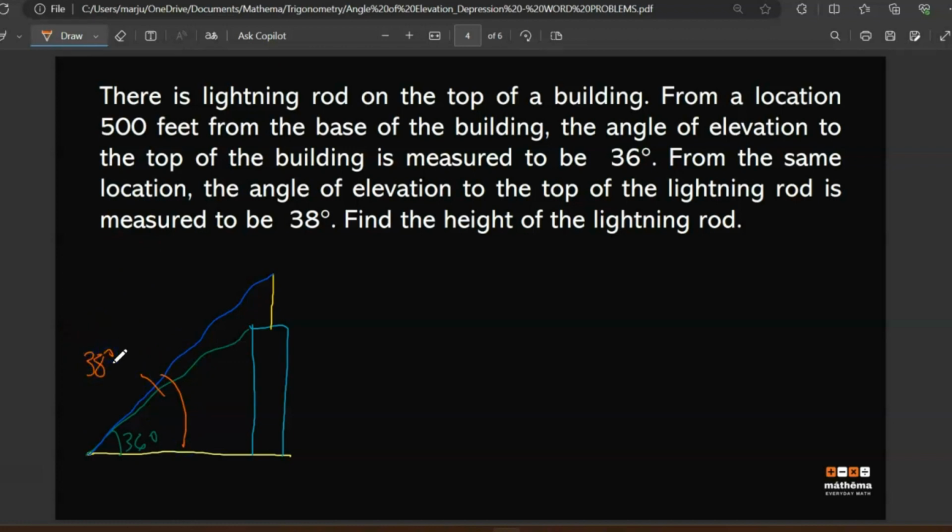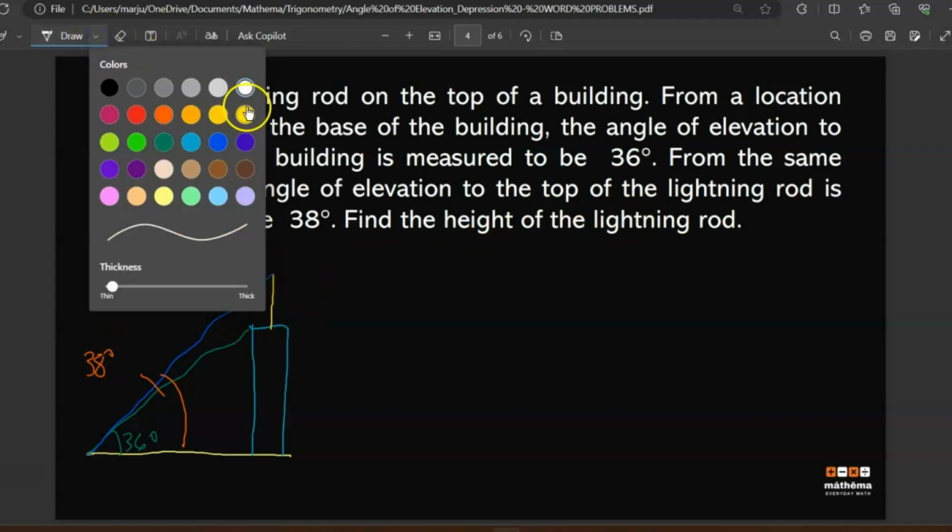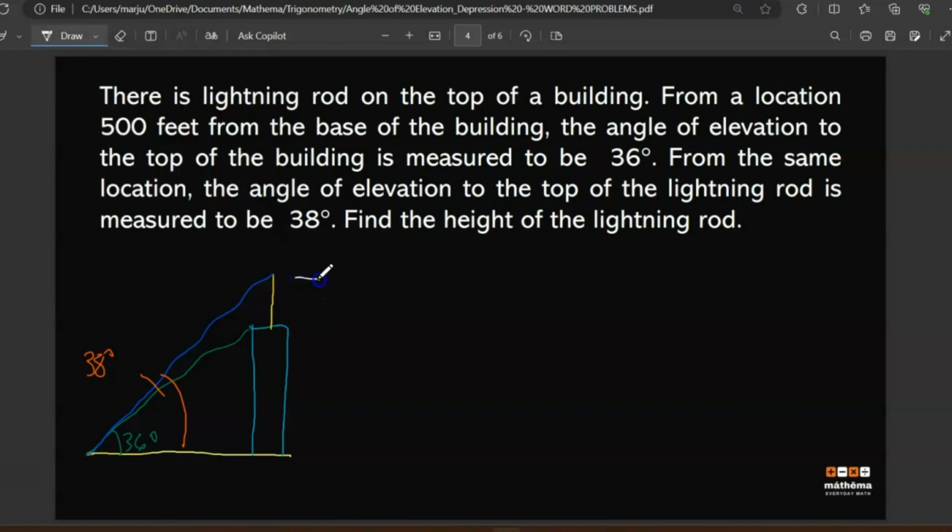Now, to find the height of the lightning rod, all we have to do is find this height, the ground up until the top of the lightning rod, and subtract it by the height of the building. So what we're going to do now is solve first for the height of the building.